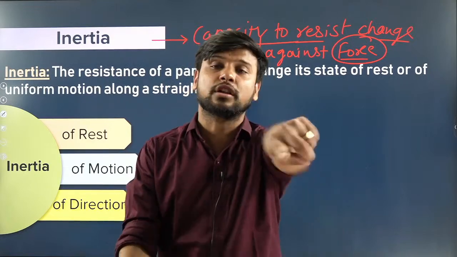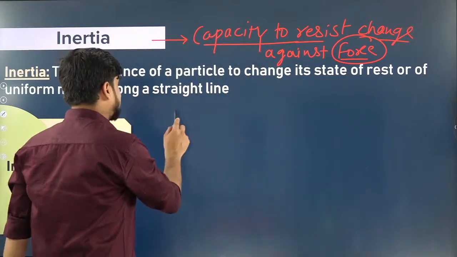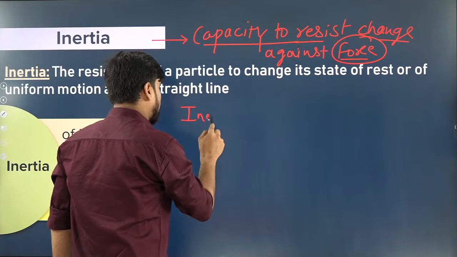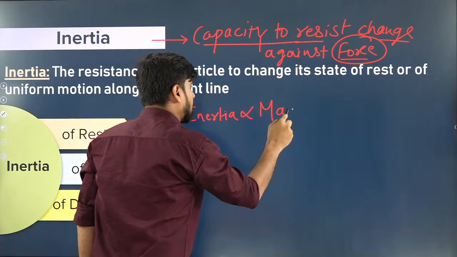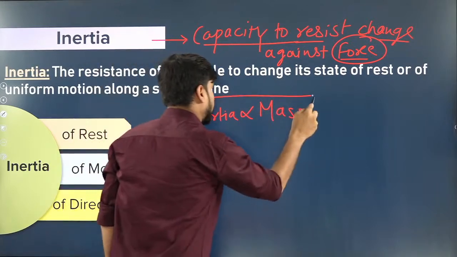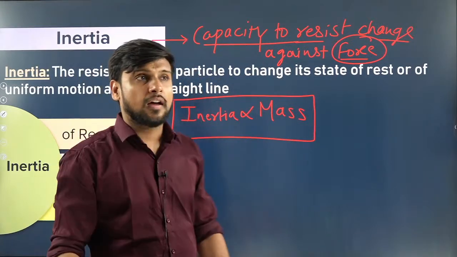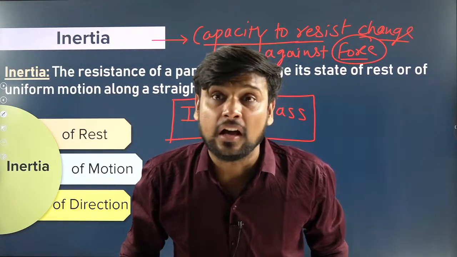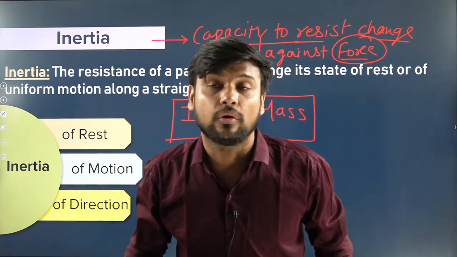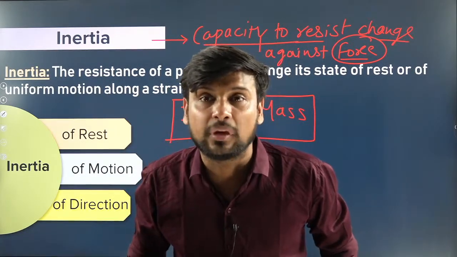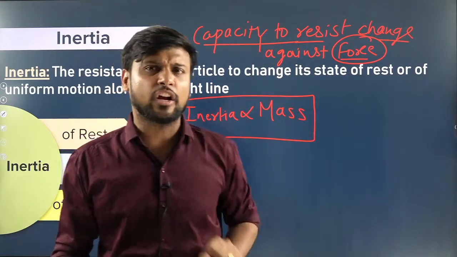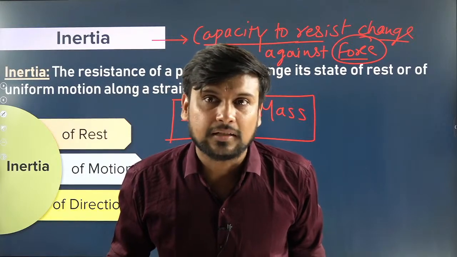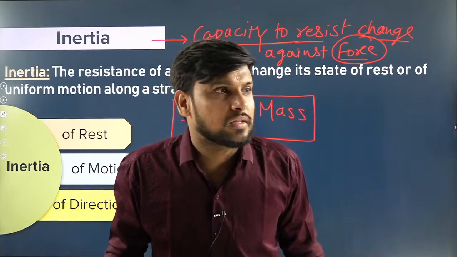So that's inertia. So what I said, inertia is directly proportional to mass. I hope you understood this point. So who will have more inertia, an elephant or a rat? Elephant. Yes, very simple reason.